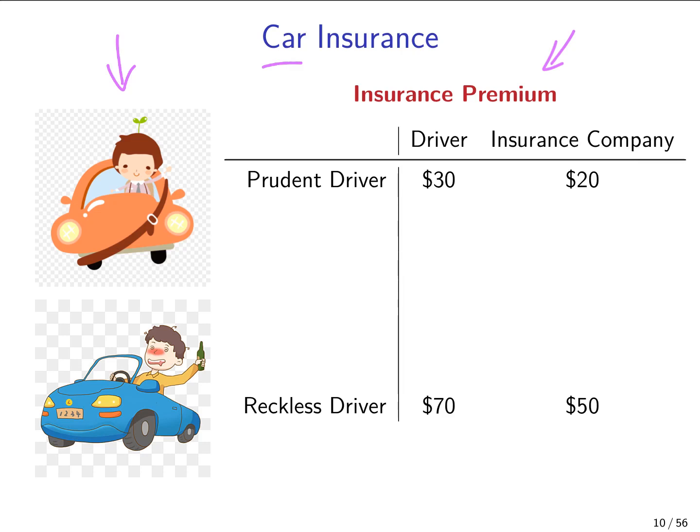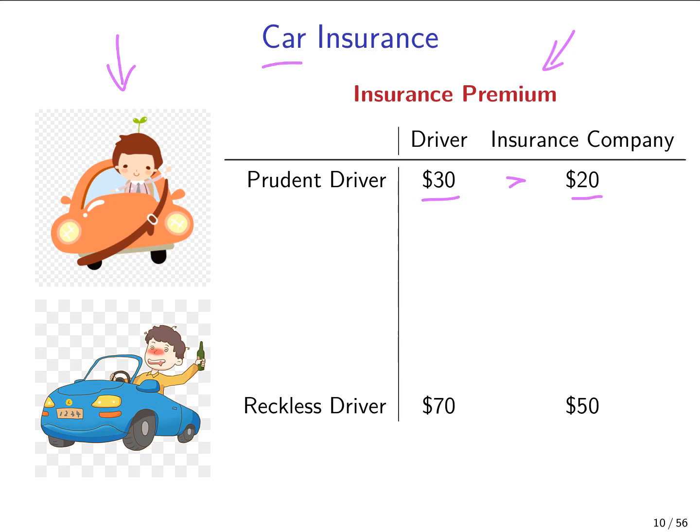Okay, and for those prudent drivers, because they have a low chance of getting into an accident, the cost to insure them is pretty low, and so the insurance company is willing to insure that kind of driver at, let's say, $20 per month. And the driver is willing to pay $30 per month for that insurance. Again, there's a mutually beneficial trade.